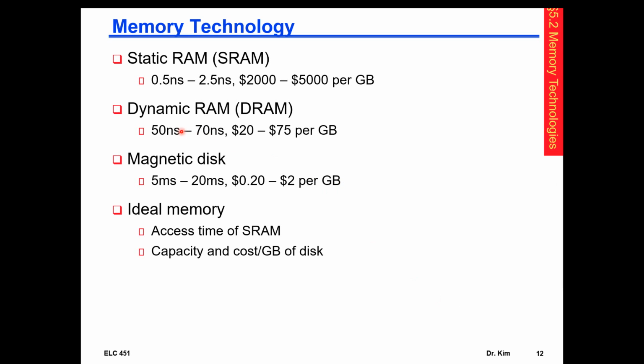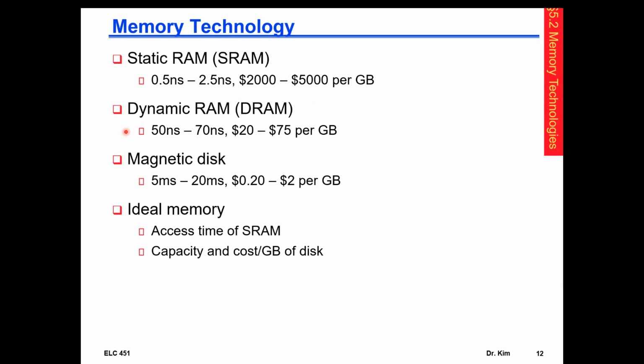So if at some point, whenever this data was compiled, we had a static RAM, which is what cache is made of, is the technology that we use, and we have access times in the half to 2.5 nanoseconds, you could have expected to pay about $2,000 to $5,000 per gigabyte when we took this snapshot.